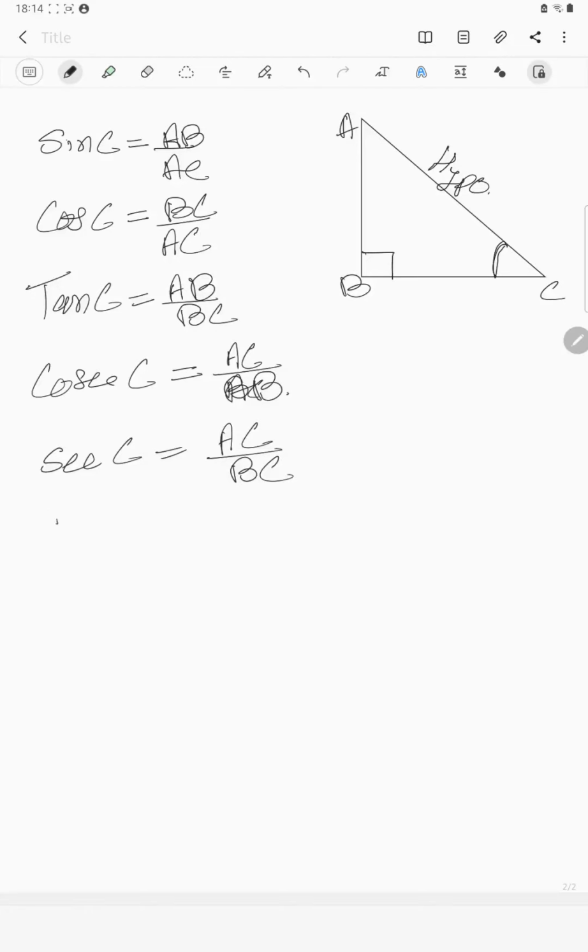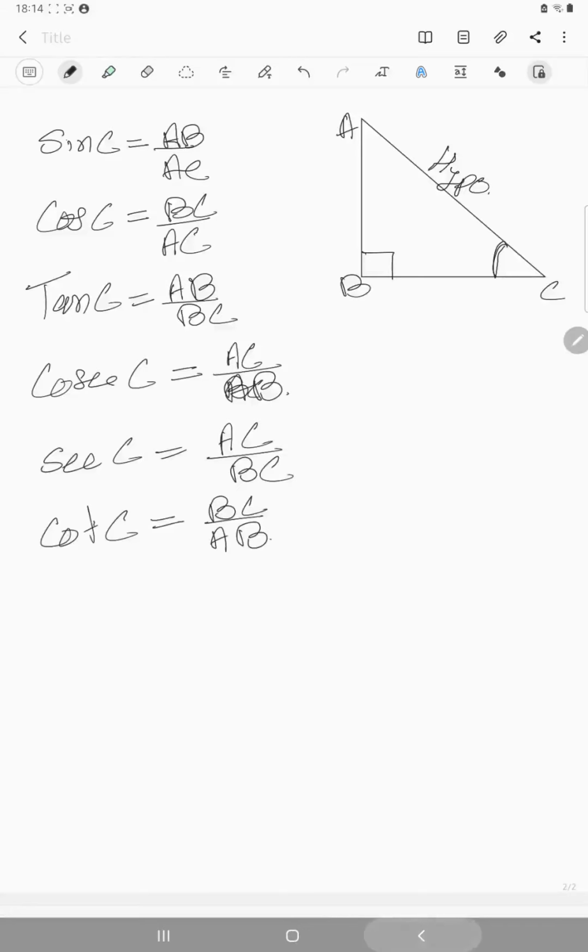And finally cot C is the reciprocal of tan C, that is BC upon AB. These are the 6 trigonometrical ratios in a right angle triangle with respect to the 2 acute angles.